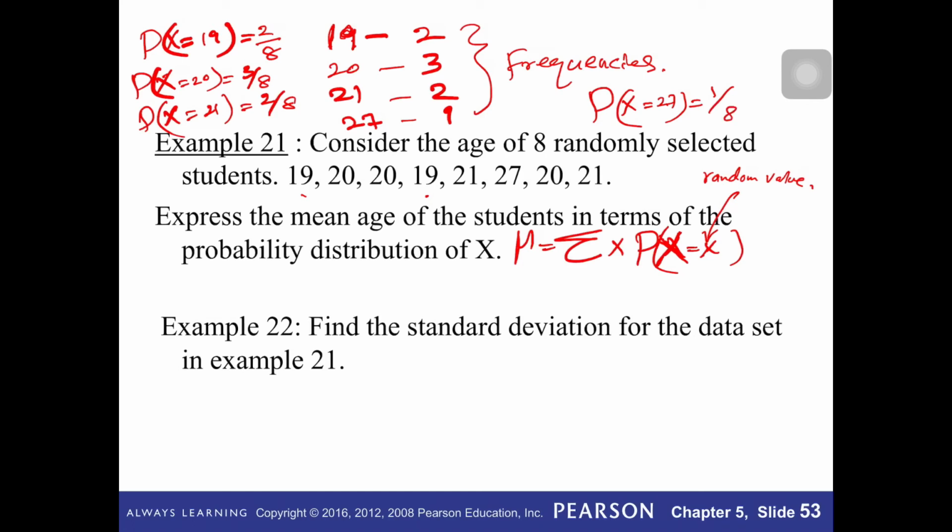Now you can plug those values into this equation and find what mu is. Mu equals summation of x times the probability of X equal x.